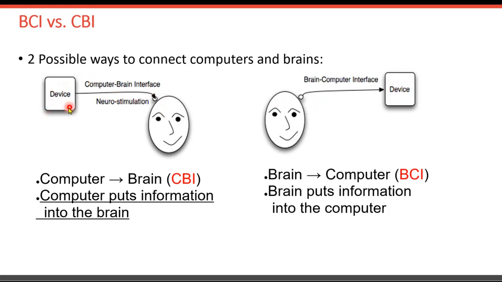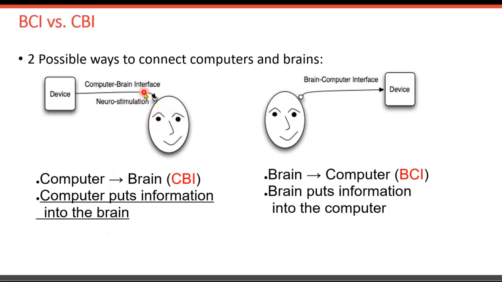In the CBI case, the computer-brain interface case, we have an external device, which can be a computer, that is putting information into your brain. So there are two possible ways. There are some brain disorders such as Parkinson's disease, where they, for instance, use so-called neurostimulation to stimulate certain parts of the brain, and we can think of this kind of stimulation as putting some information into the brain.